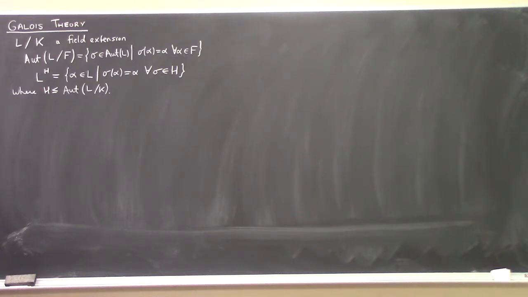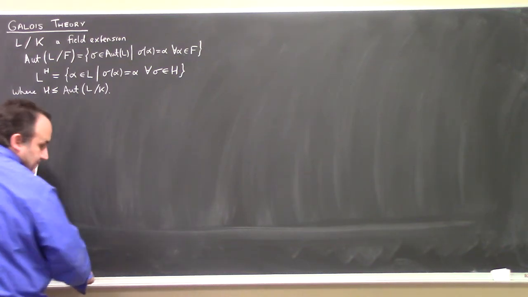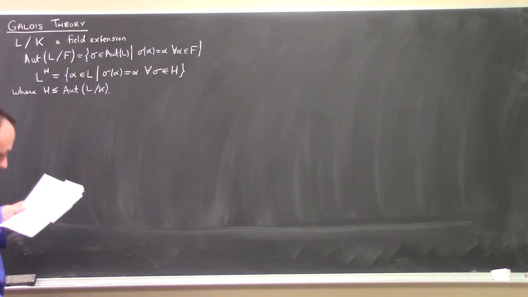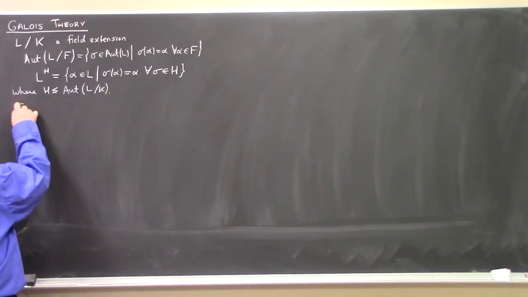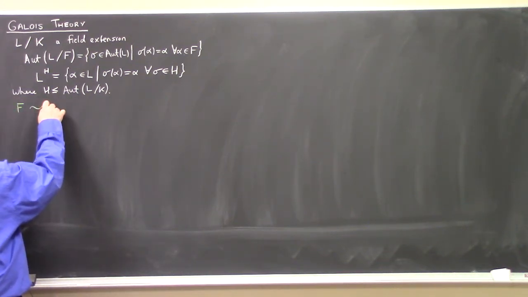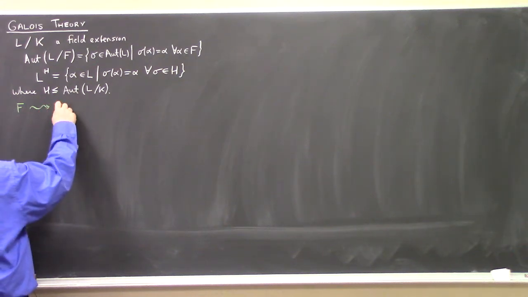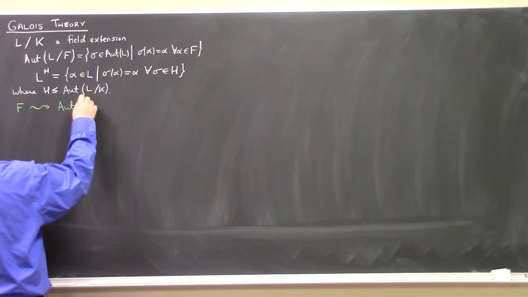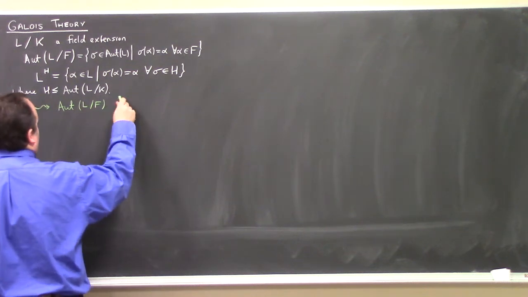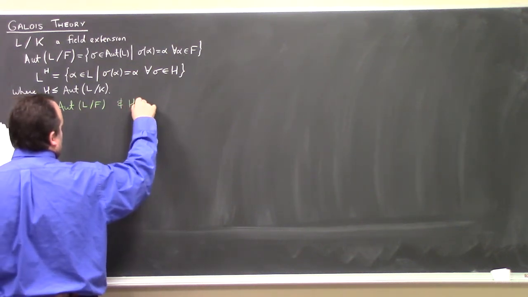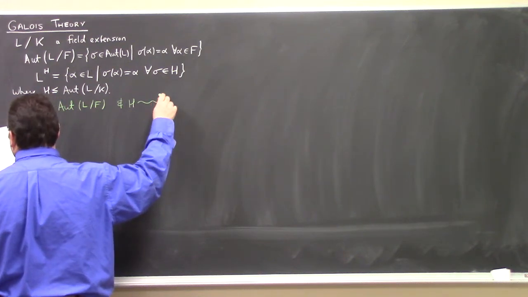And then, let's see here. He says the correspondences: so we have F, he uses this notation corresponding to Aut(L/F), and H corresponding to L^H.